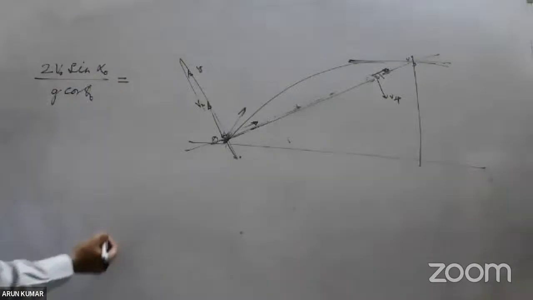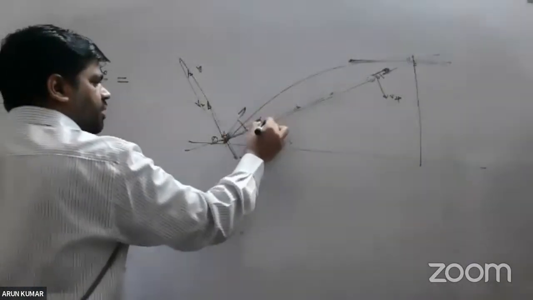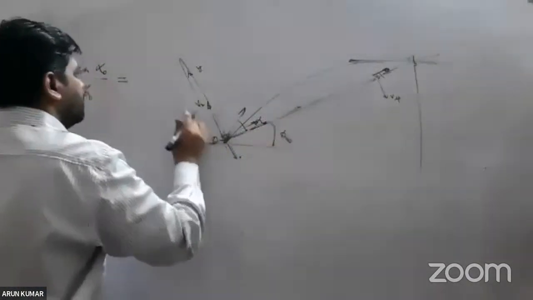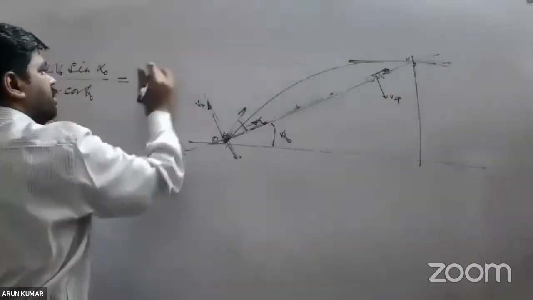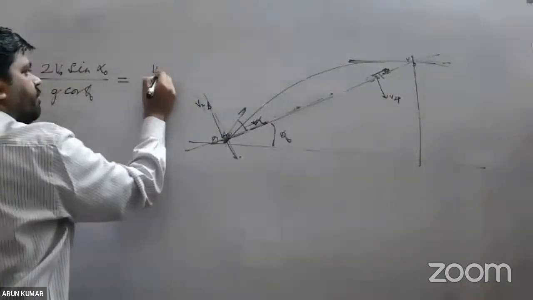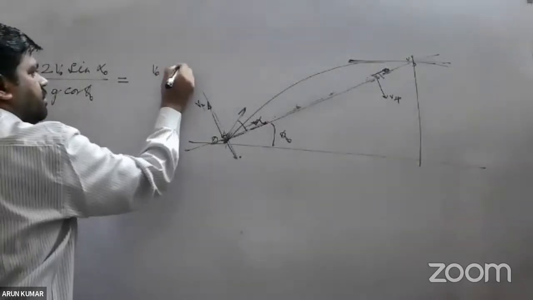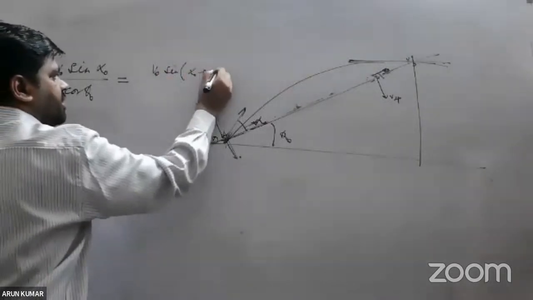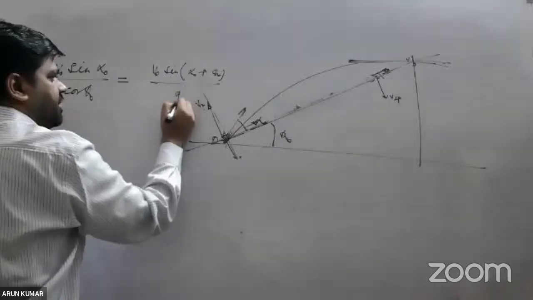Now this should be equal to, if this is alpha naught and this is theta naught, V naught sine of alpha naught plus theta naught by g.